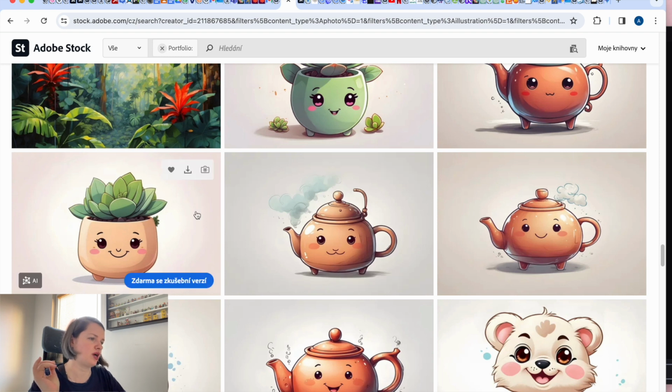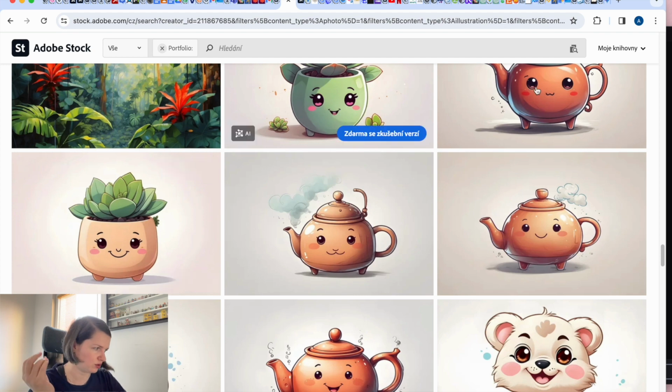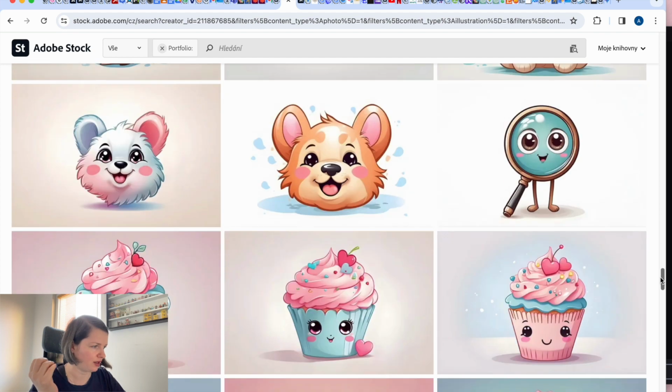So I would try to generate them on a white isolated background, or you can make a prompt that it's a sticker set. So it will give you a set of different plants in a pot in this cute style. So try something like that.